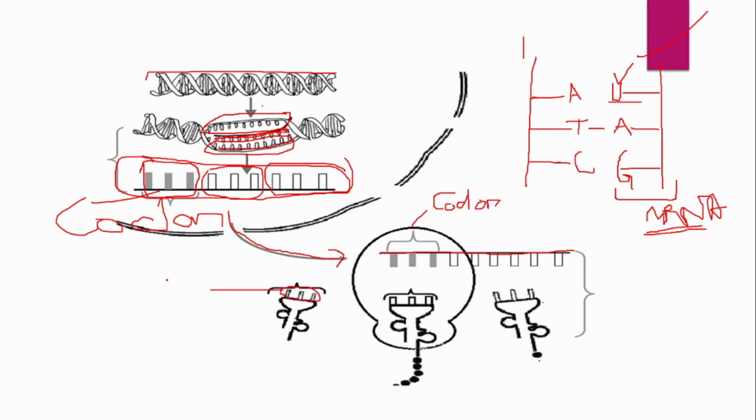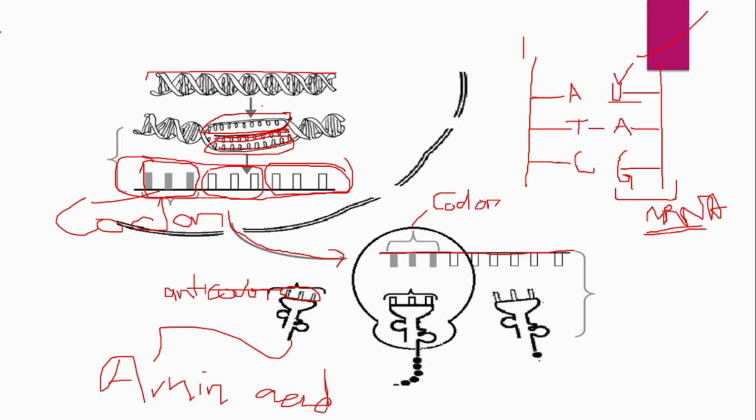These three are called the anticodon. They are the complement of the codon, and they carry the amino acid. Each transfer RNA carries an amino acid. So, let's say we have a codon here.